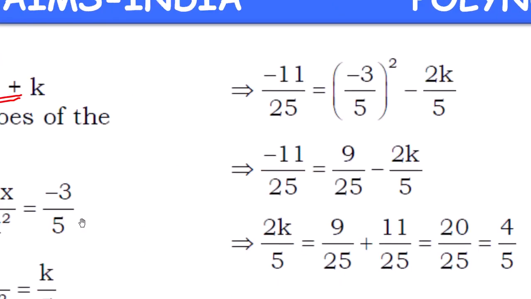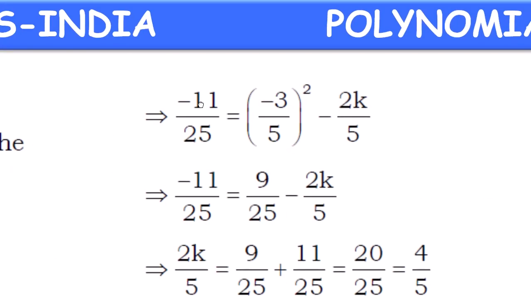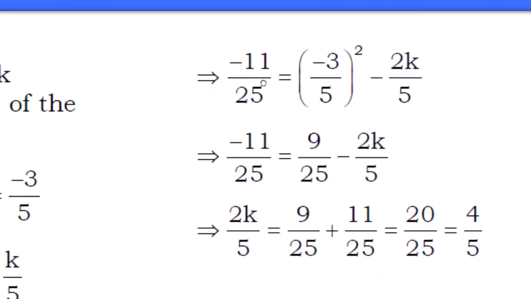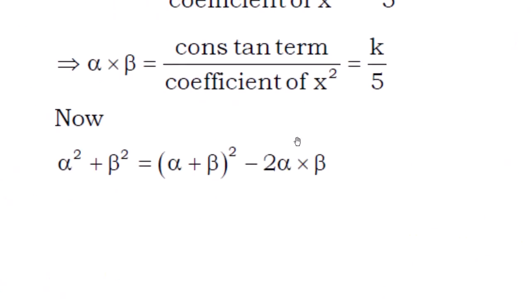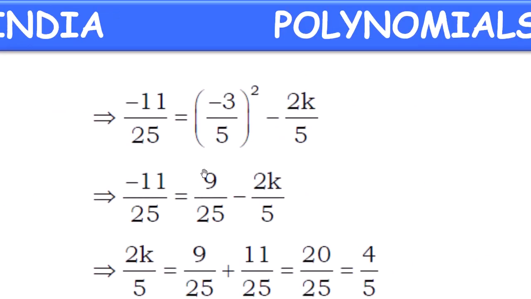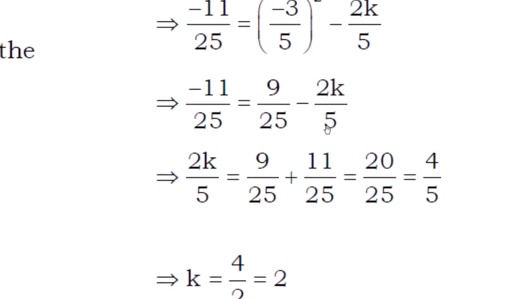According to the question, this value is given as minus 11 by 25. Alpha plus beta value is minus 3 by 5. Alpha beta value is k by 5. So if you substitute all the values, minus 11 by 25 equals 9 by 25 minus 2k by 5.